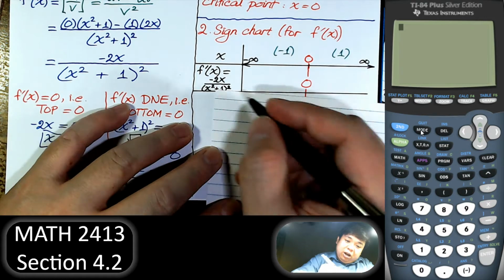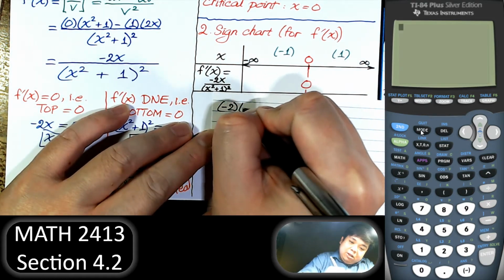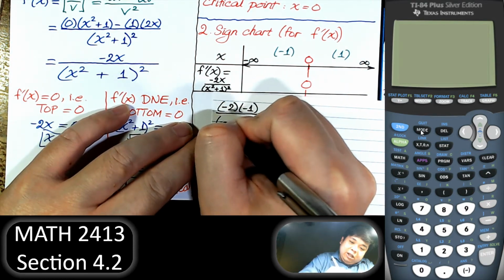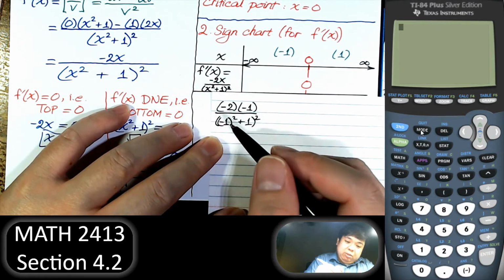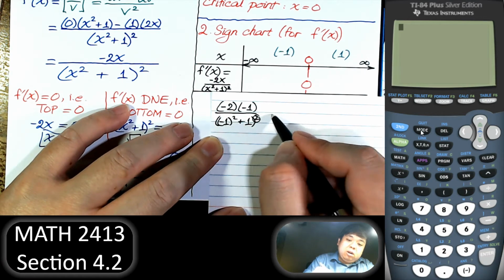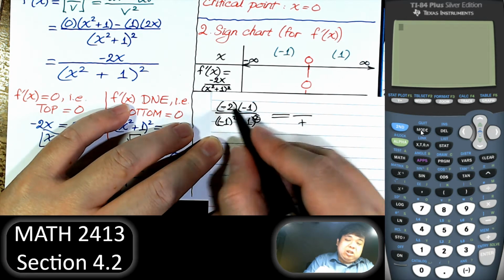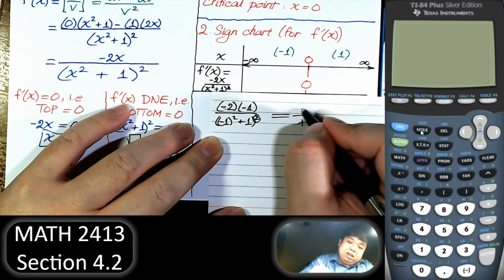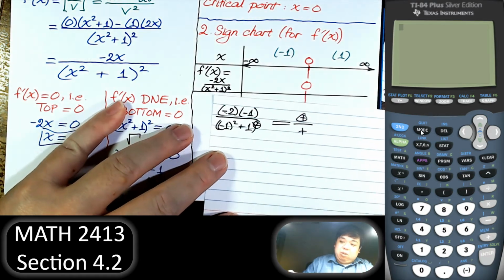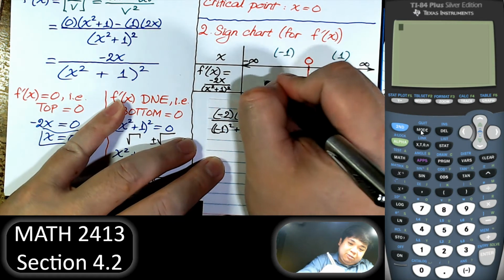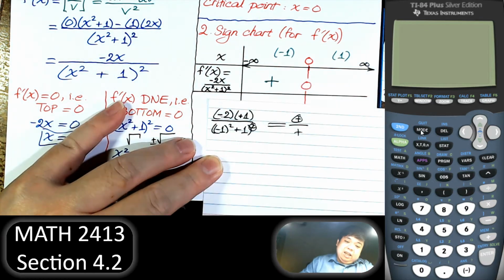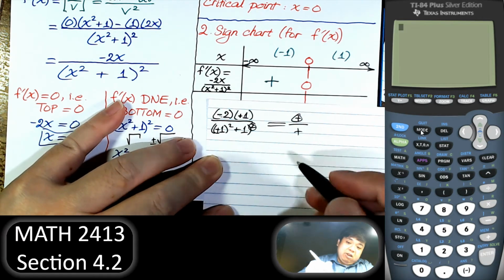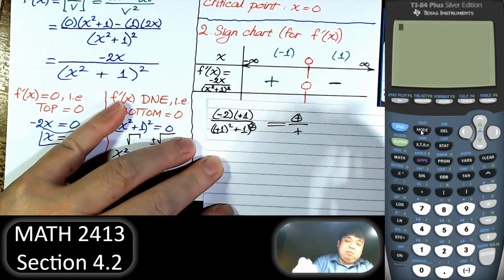If I put in negative 1, I have negative 2 times negative 1 over negative 1 squared plus 1, squared. At the bottom, I don't really worry about that because the square means the bottom is always positive. So I just need to know what happened on the top. Negative times negative is positive. Positive divided by positive is positive. And if we put 1 in for x, like I said, the bottom doesn't matter. The bottom is always positive. So we're going to have negative divided by positive, so it's going to be negative.